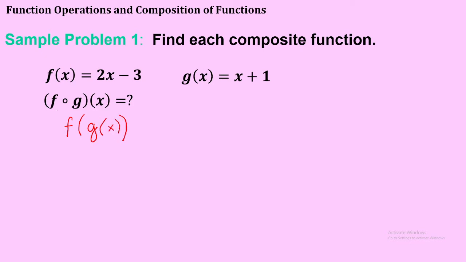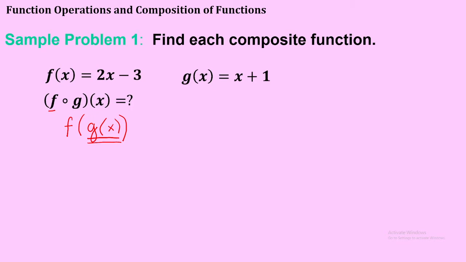So if I'm solving this, I'll write f, the first letter, then parenthesis, g, and of course, the variable that is involved in our expressions. Now, what is g of x equal to? X plus 1.